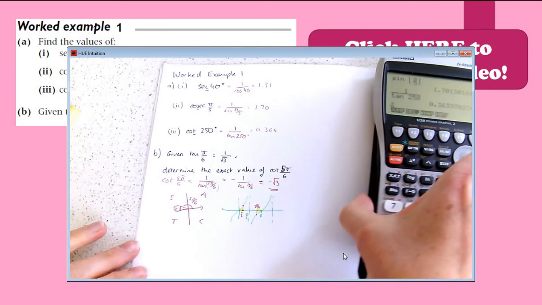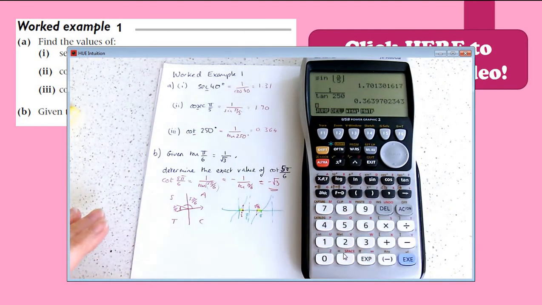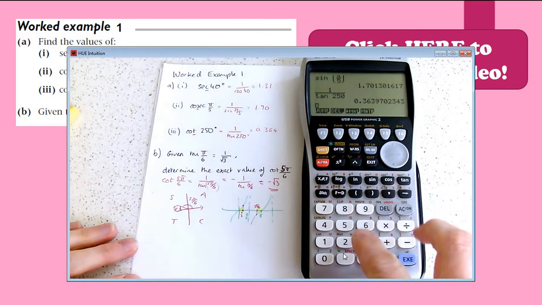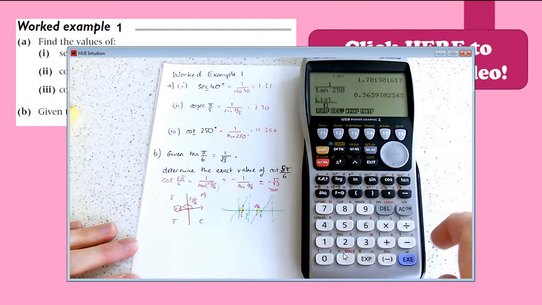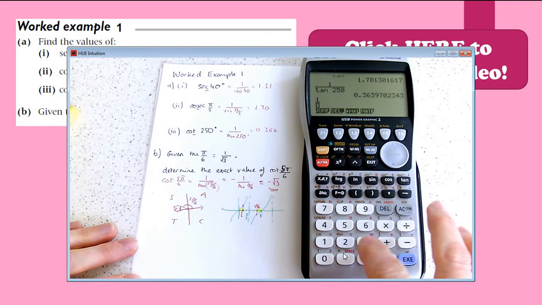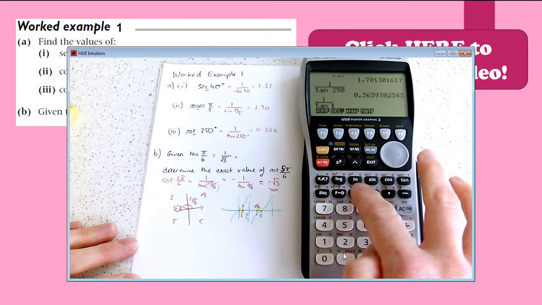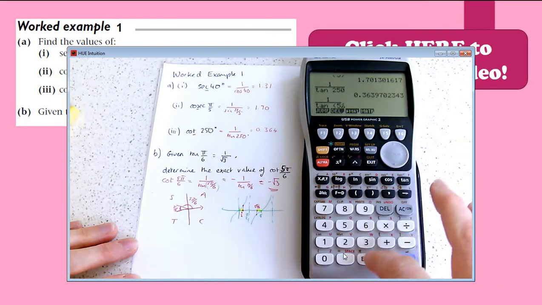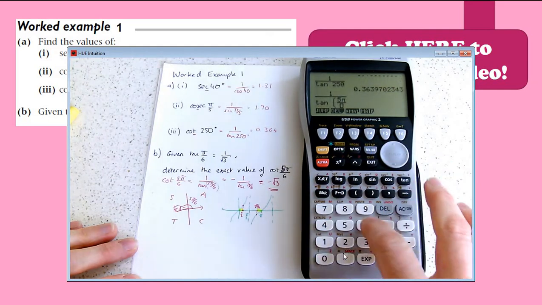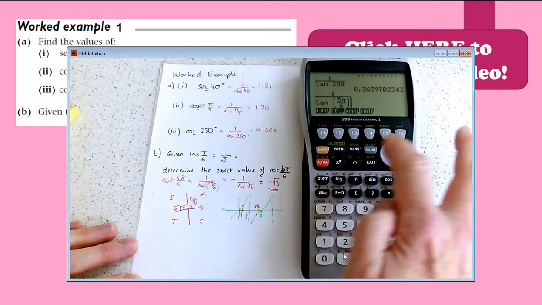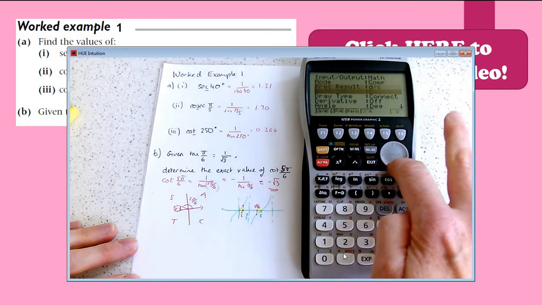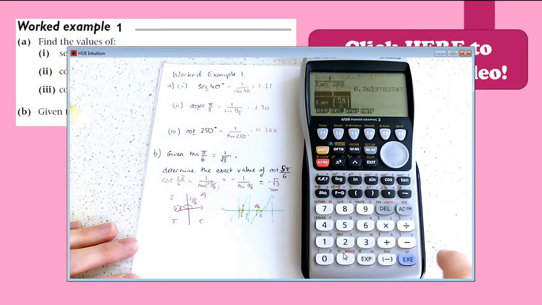The other marvellous thing is that, hopefully, your calculator can work it out exactly. So let's try it. We've got 1 over tan of 5 pi over 6. Now, I was working in degrees, so I'm going to change it back into radians.